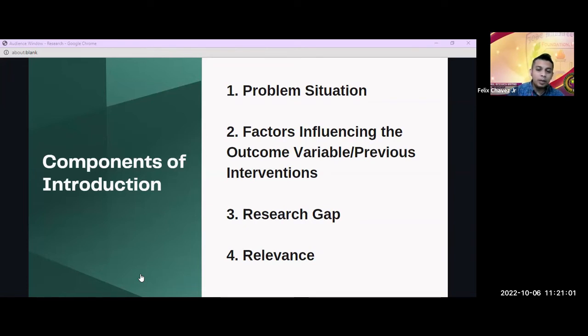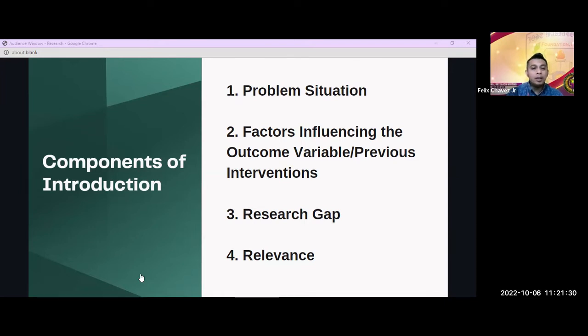Number two, these are the interplay between the variables. If you are doing a correlational research, or an interventional research, what are the different interventions done in order to solve the problem? Kasi when you make a story, after emphasizing the problem, the next part will be what has been done previously in addressing the problem.